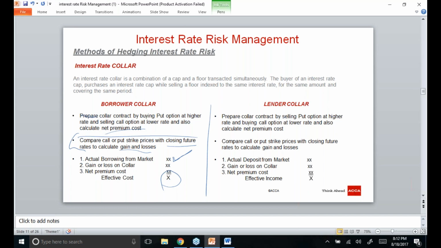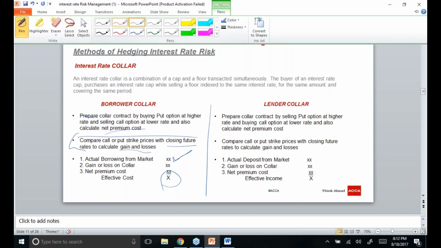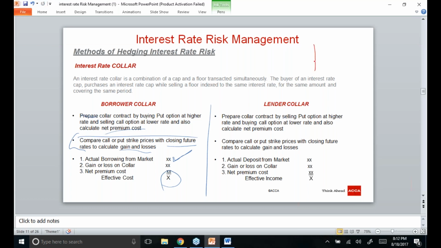Exactly the same steps. Let's suppose I'm taking the same example. Now you will sell a put and you will buy a call. Let's suppose at 4 and 5%. By selling the put, you will receive premium. By buying the call, you will pay premium. And compare your call and put strike prices with the closing future.